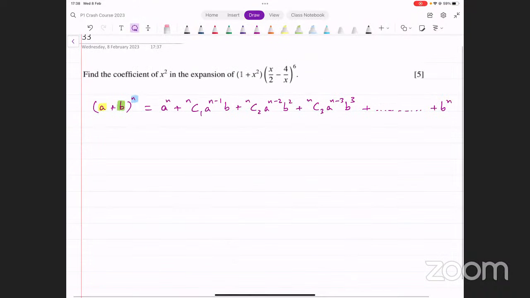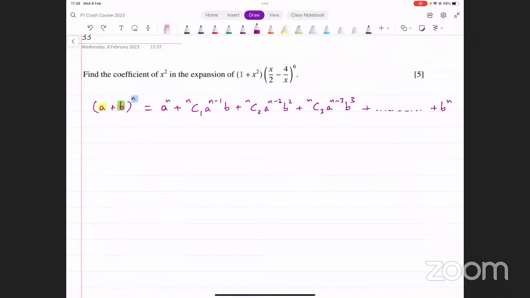We want to find the coefficient of x squared in the expansion of this multiplied by this. Now remember, we discussed whenever you have a product like this, in which one of them has a power on it and the other does not, you first need to think about which specific terms you need from the expansion of this thing.